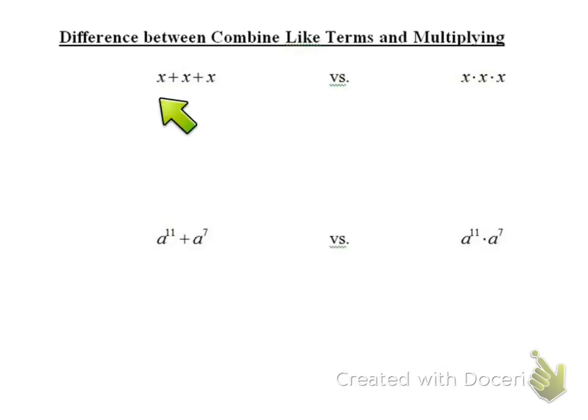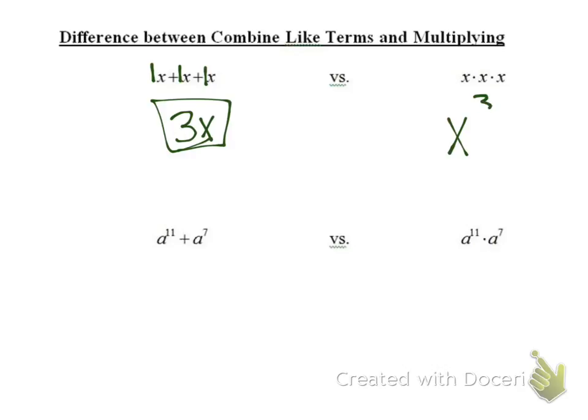How would I do this? X plus x plus x. That would be just 3x, right? You're adding, they're like terms. You add the coefficient in the front. 1 plus 1 plus 1 is 3. How is that different than this problem? Yeah, so this would be what?